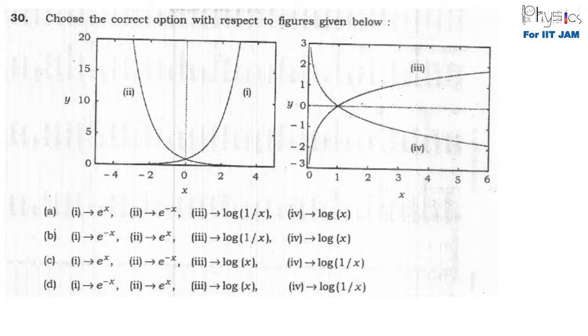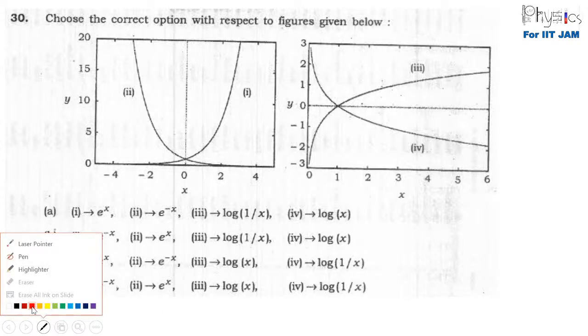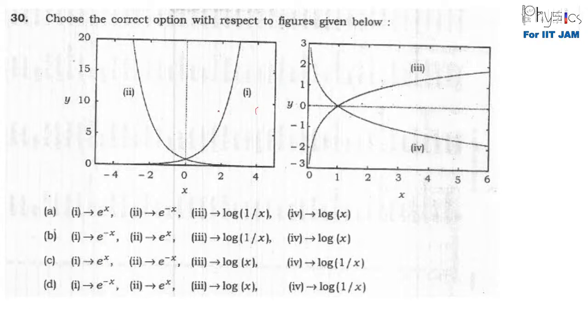Option A tells that this curve is e to the power x, this is e to the power minus x, this is log of 1 by x, and this is log of x.